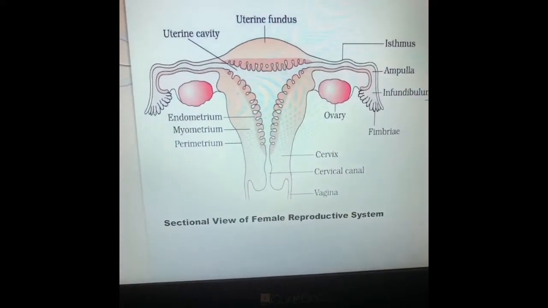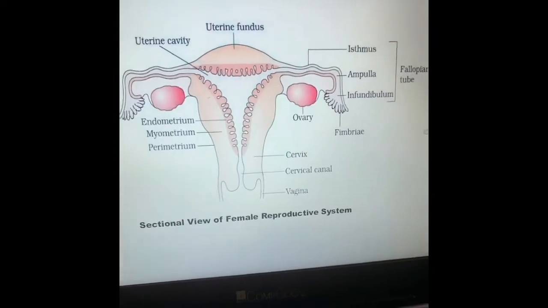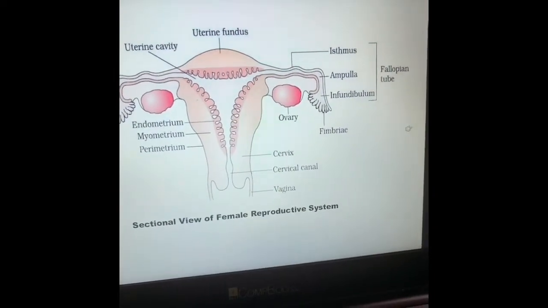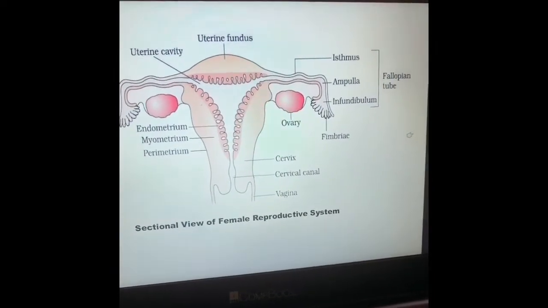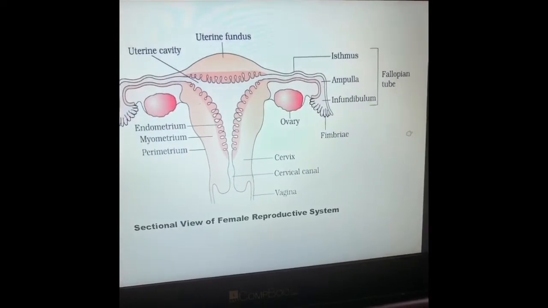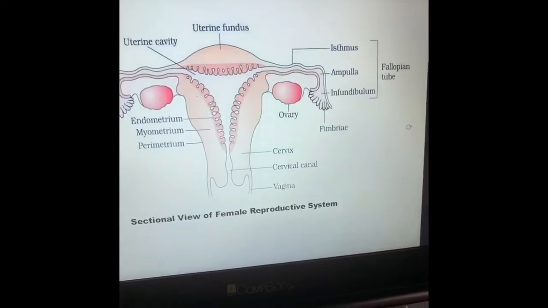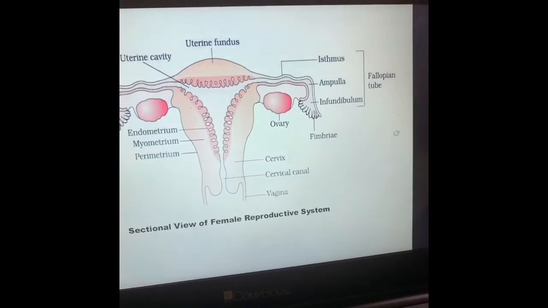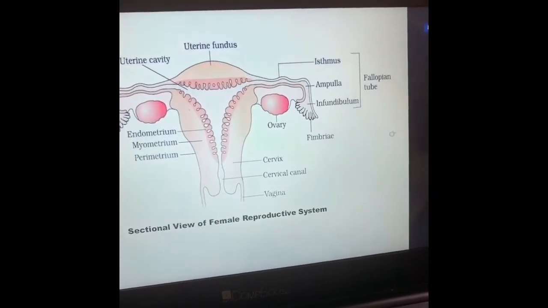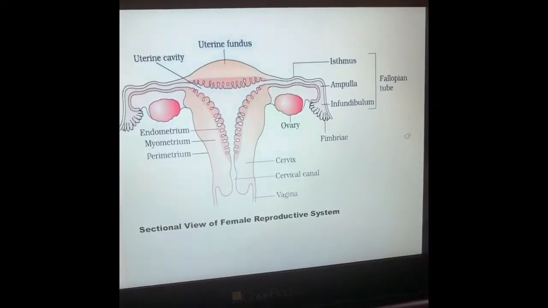Now the fallopian tubes, as you see, are about 10 to 12 centimeters long, muscular tubes, and they convey the egg from the ovary to the uterus. They also provide the environment for fertilization. We'll study about it again in the later part of this chapter.